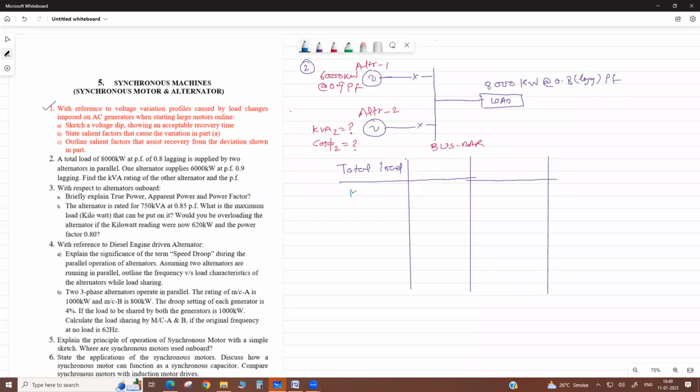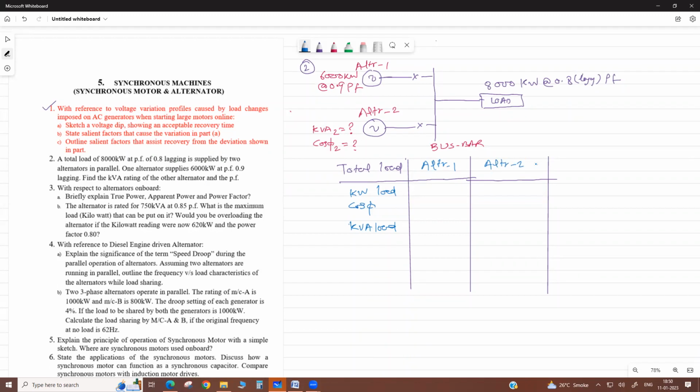See, kilowatt load, then their power factor, then we can calculate their kVA load. Kilowatt load, this is on alternator 1 and this is on alternator 2.